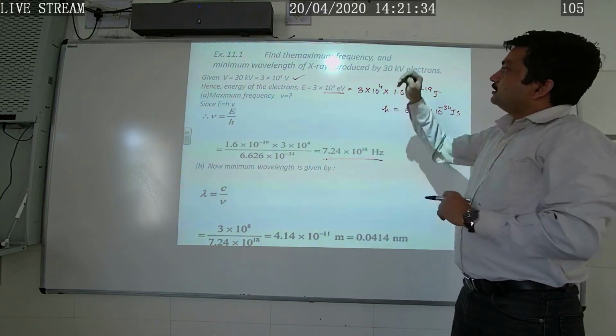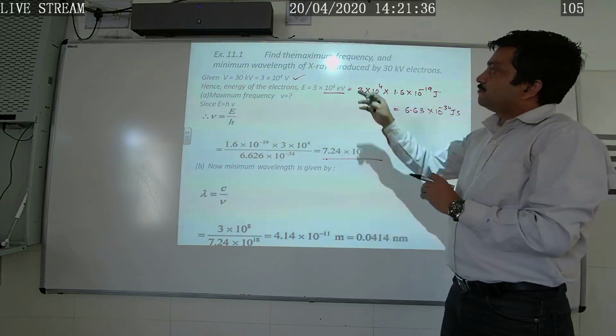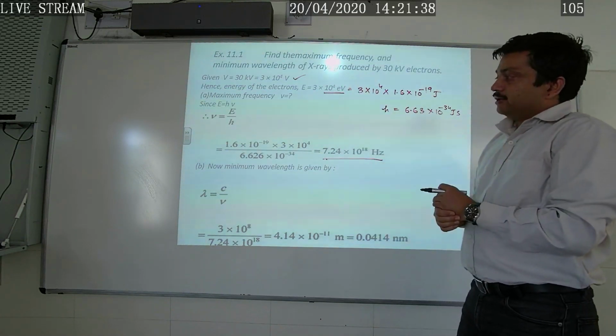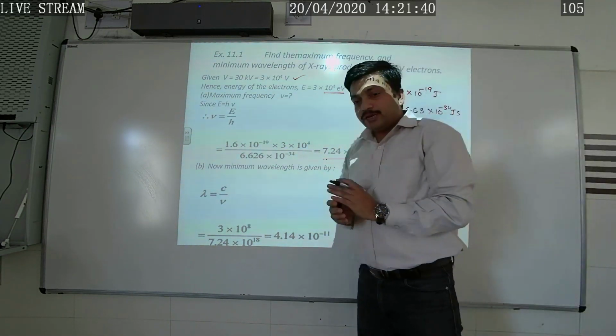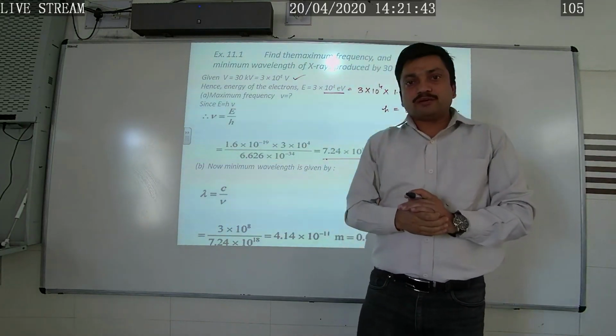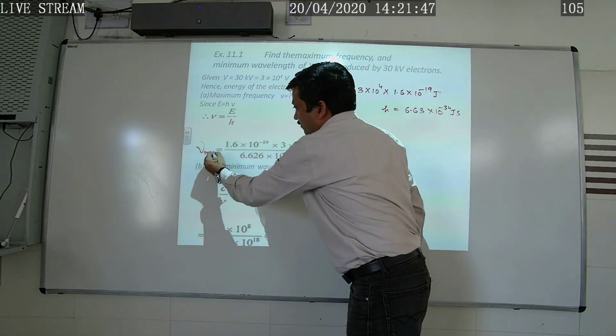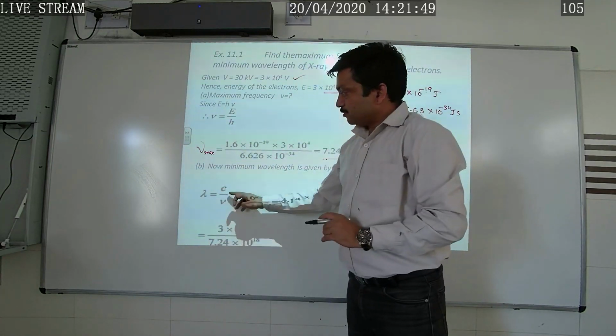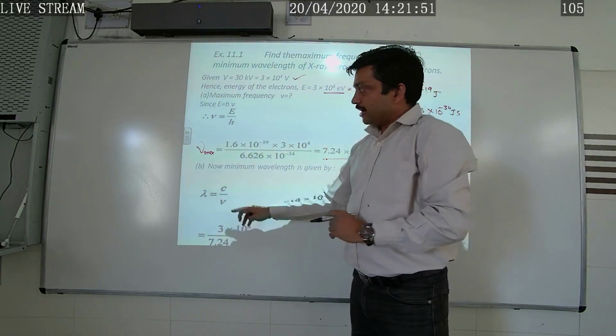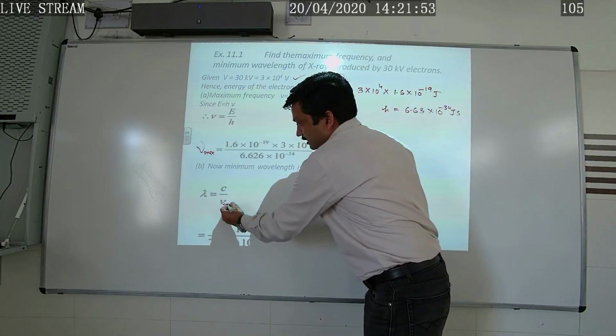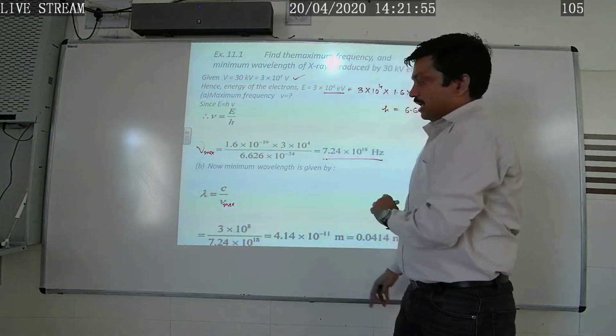In part B, we are asked to calculate the minimum wavelength. In order to find the minimum wavelength, the frequency should be maximum. As we have found the maximum frequency, and as we know, lambda equals c by nu, where nu is the maximum frequency.